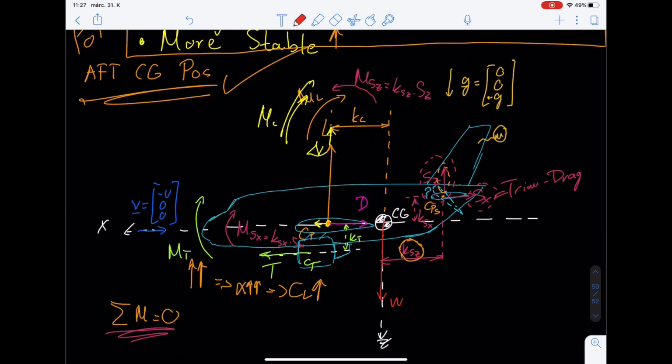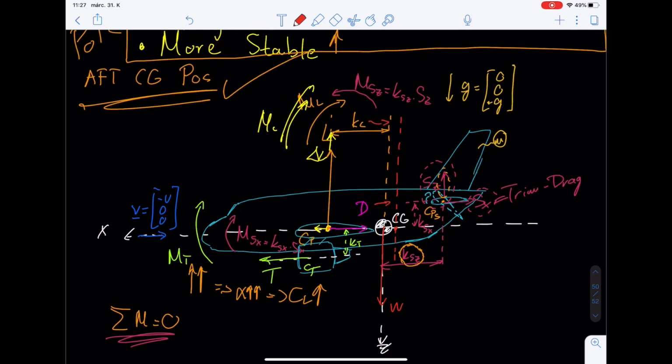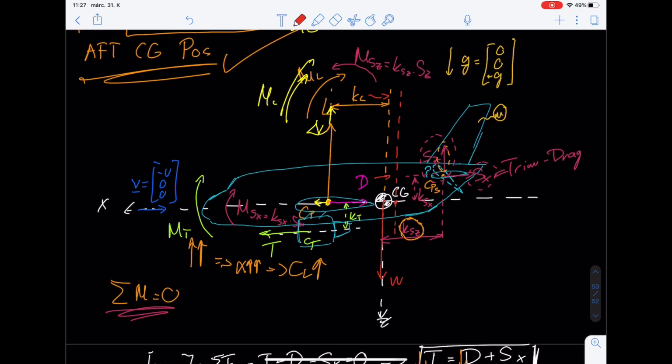Before we talk about it any further, we need to address that, of course, you cannot move the CG completely rearward, because then there's going to be a point with this rearward movement of the CG where the moment generated by the stabilizer, and it's very visible, I think, is not going to be enough. So this poor moment right here is not going to be enough to compensate for all of these pitch up moments, right?